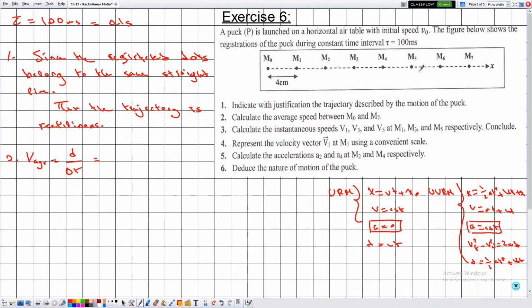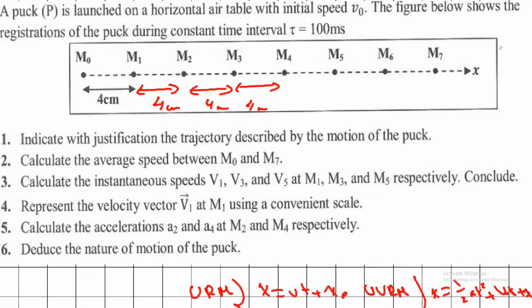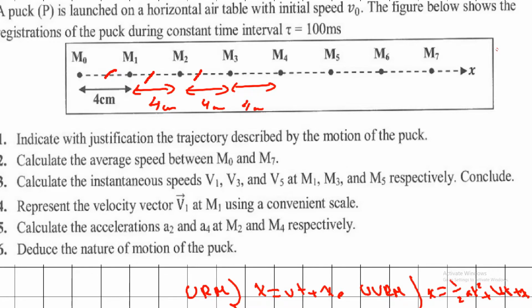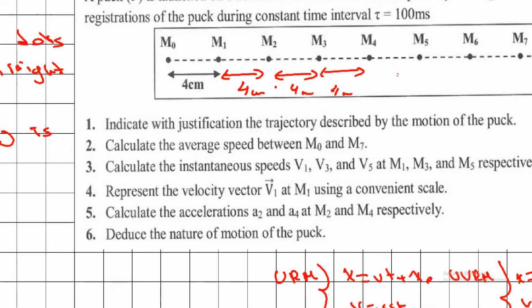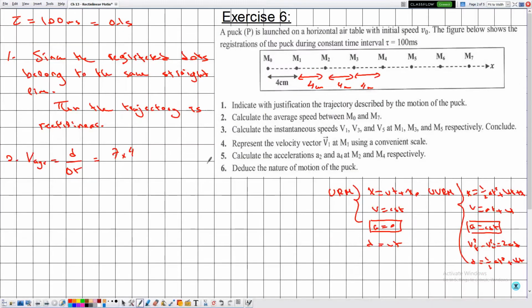It seems that all the distances separating the dots are the same, so all of these are 4 centimeters. So how many do we have? 1, 2, 3, 4, 5, 6, 7. So 7 times 4, and in order to convert from centimeters to meters, we need to divide by 100, or times 10 to the power minus 2.